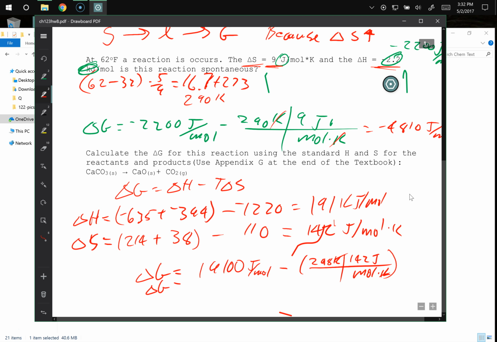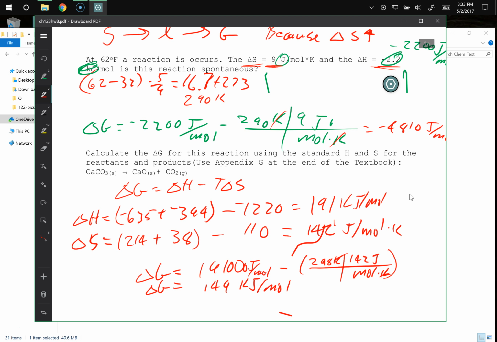So if I put 2 more zeros here, and then I do the math again, I get 149 kilojoules per mole. So non-spontaneous? You go with that?